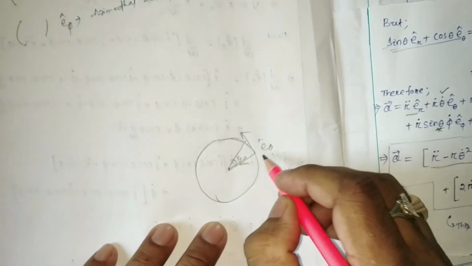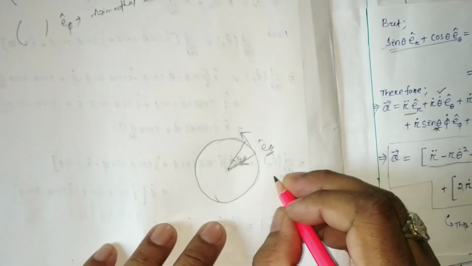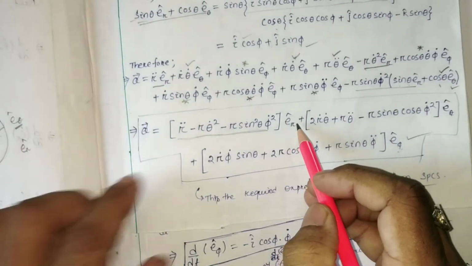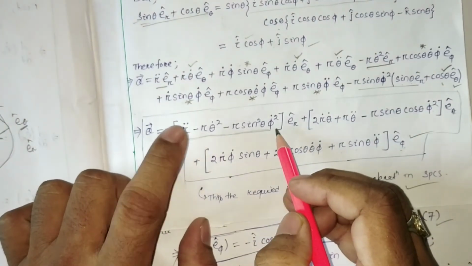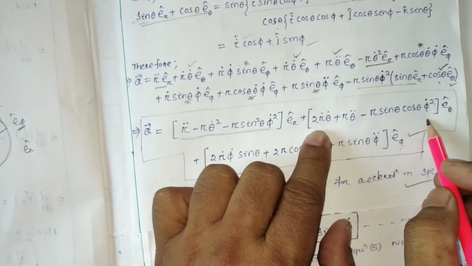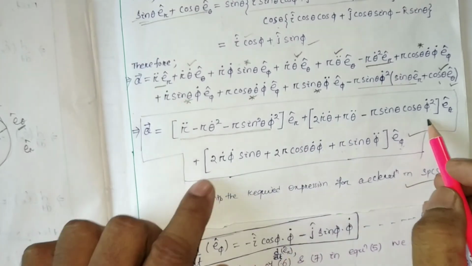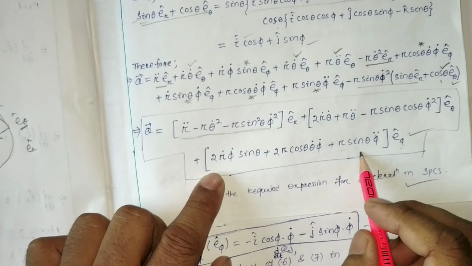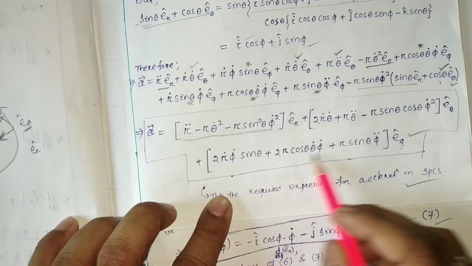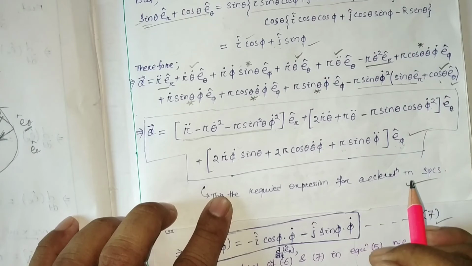So e_theta cap will represent the tangential acceleration, and the radial acceleration component will be e_r cap. So its coefficient represents the magnitude of the radial acceleration. This is the magnitude of the transverse acceleration. This is your azimuthal acceleration. This component is called the acceleration along the azimuthal angle change, right?